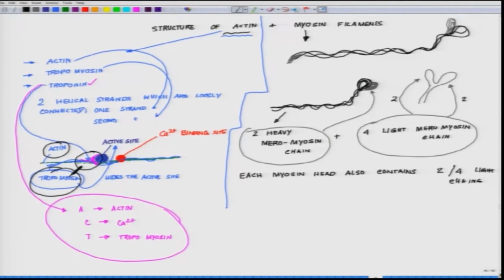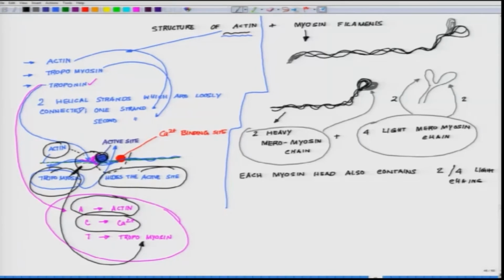Troponin has a binding site with actin, which is called A site, troponin A. Then troponin has an affinity for calcium ions, which is called troponin C, and troponin has a binding with tropomyosin, which is called T. Fine. And you have an active site out here, which is hidden by the tropomyosin molecule.